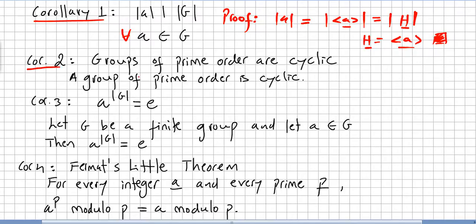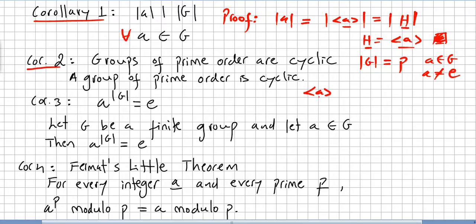Second corollary, groups of prime order are cyclic. A group of prime order is cyclic. So let us say that the order of G is P, a prime number, a prime order. Let us pick A in G, and of course I don't want A to be the identity.